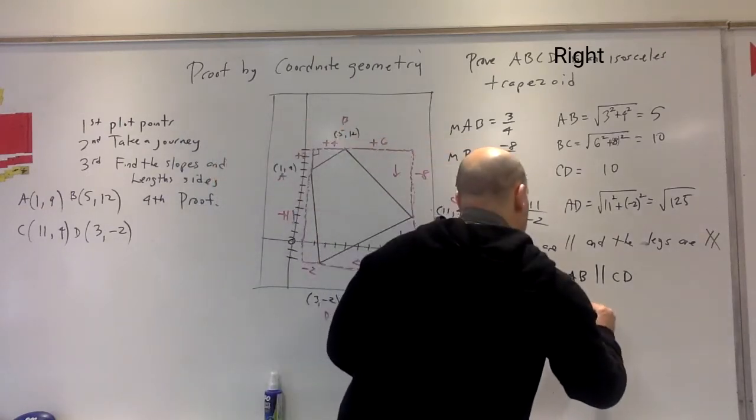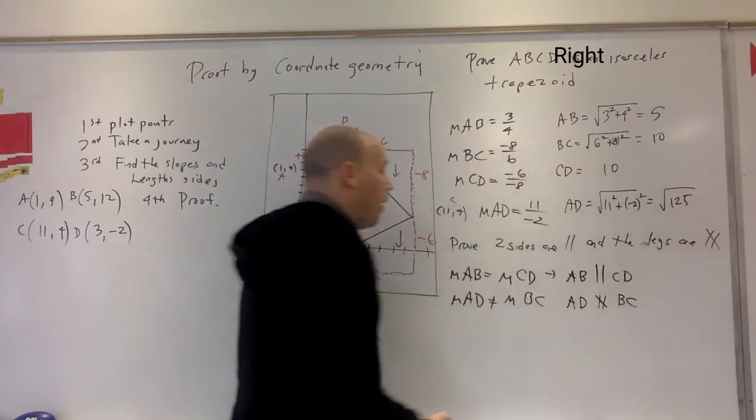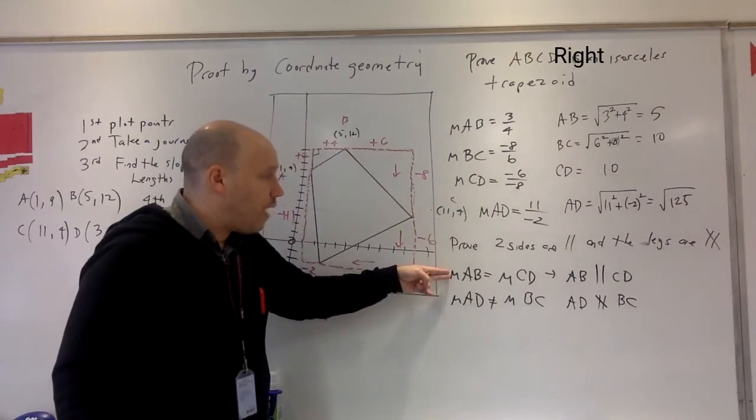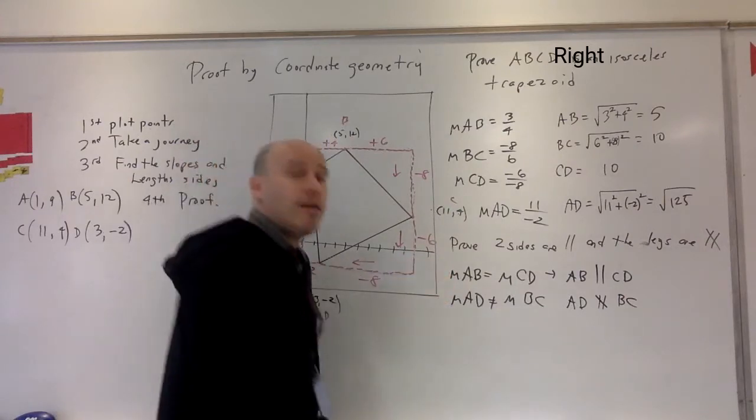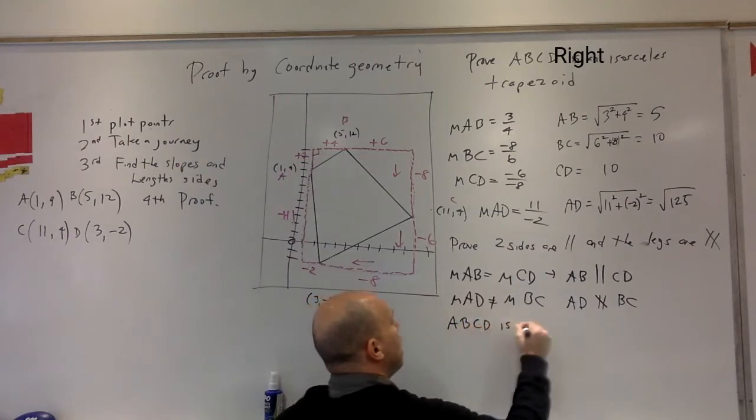Therefore, AD is not parallel to BC. Because we showed that these two lines are parallel and these are not, ABCD is a trapezoid.